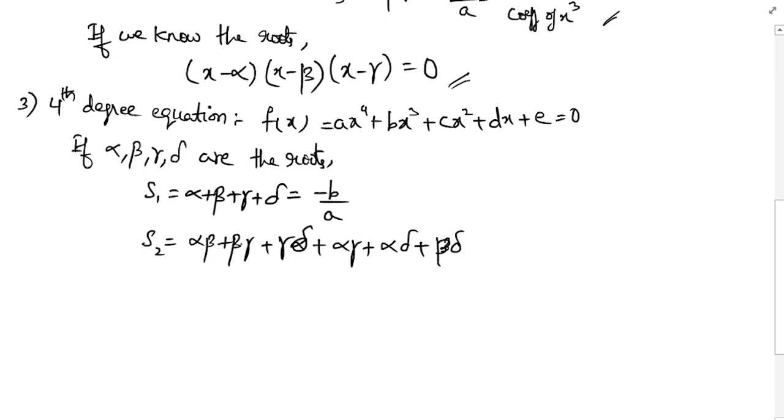So totally 6: 1, 2, 3, 4, 5, 6. Right. So this will be equal to c by a.